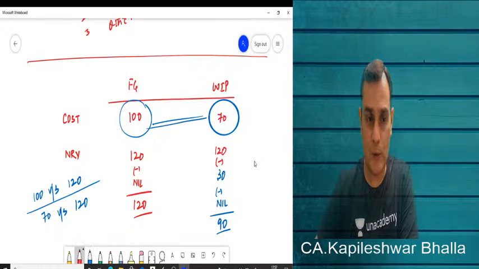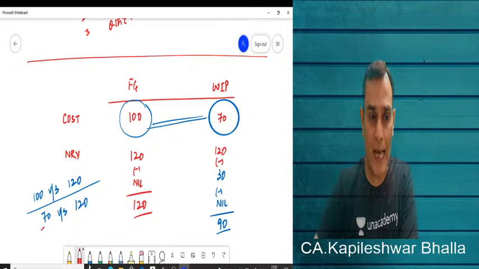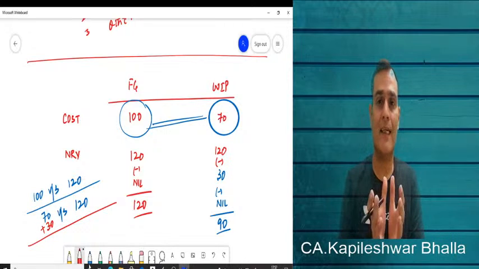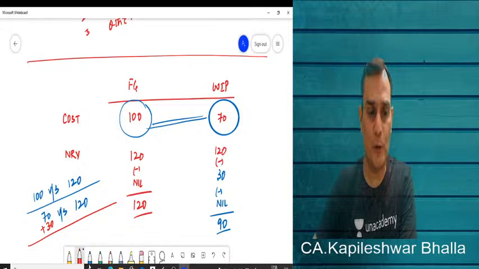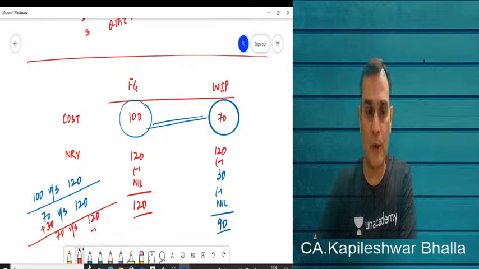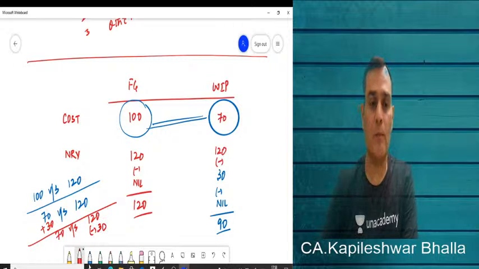Now, see what one can do. Mathematically, either you add 30 to this, that is one alternative, then 100 becomes comparable to 120. Or mathematically, you can reduce 30 from NRV. So this is simple basic maths.